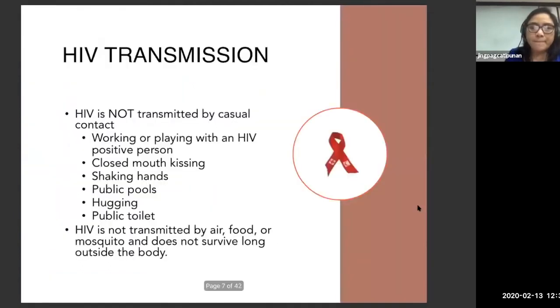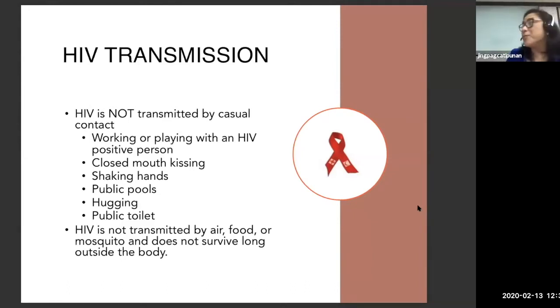Okay, so HIV is not transmitted by casual contact. So we all know that most parents are actually concerned about exposing their children to HIV positive children. So it is not transmitted through working or playing, close mouth kissing.